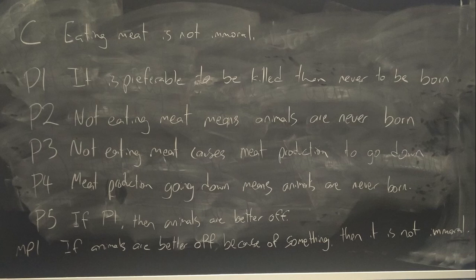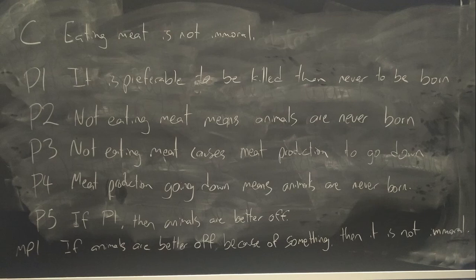Proposing that animals like humans would rather be alive than dead, then not eating meat means animals are worse off. Right, right. So we say if it's preferable to be killed than never be born, then eating meat means animals are worse off.